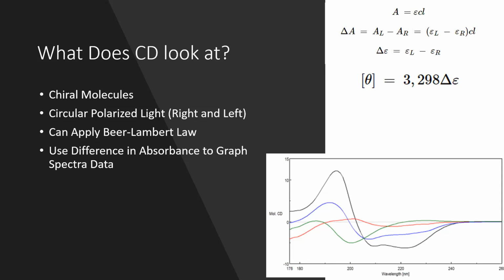We can set that absorbance difference equal to the expression of the molar extinction coefficients between the left-handed and right-handed circular polarized light. With this correlation, we can set up a graph that analyzes how these absorption coefficients change depending on the wavelength of light, the concentration, and the path length, similar to the Beer's-Lambert law.